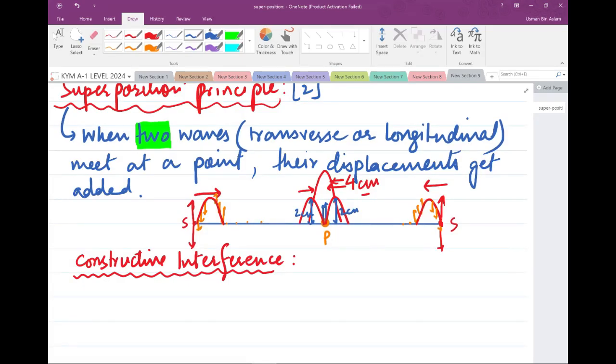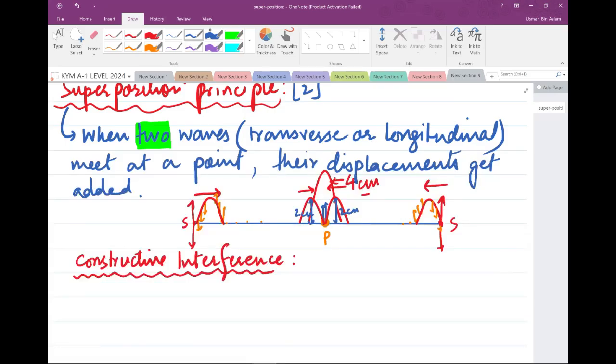It's not going to stay there or start moving as a single crest in any direction. It will just momentarily meet, where point P will get deflected upwards to a total amplitude of 4. After that, both the waves will become independent and continue to move in their respective directions. So it's temporary, basically. Yes, it's instantaneous. After that instant has passed, there will be no sign of an addition of the waves.